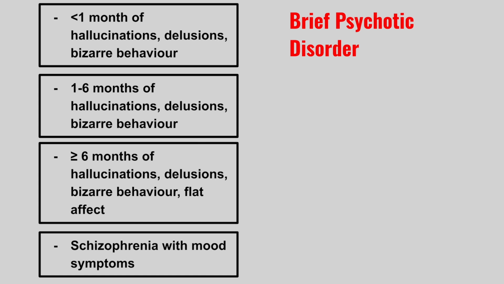So the next patient's going to have between 1 to 6 months of hallucinations, delusions, and bizarre behavior. This is schizophreniform disorder. Next, we have a patient with 6 months or more of hallucinations, delusions, bizarre behavior, and flat affect.